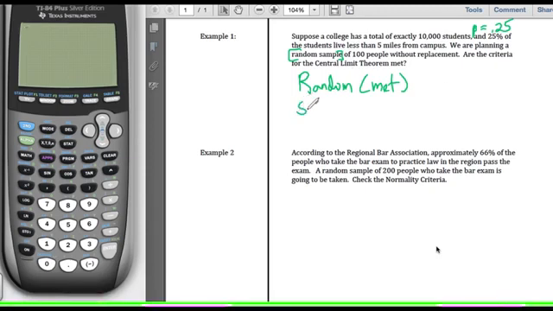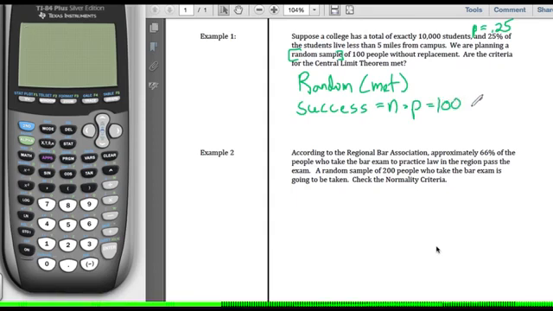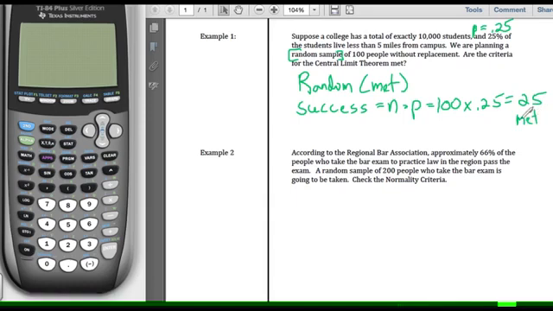The next thing you need to look into is your success number. That's N times P, where N is your sample size, that's 100, times P, which was noted to be 0.25. This gives us 25. Since it's over 10, we can say that is met.